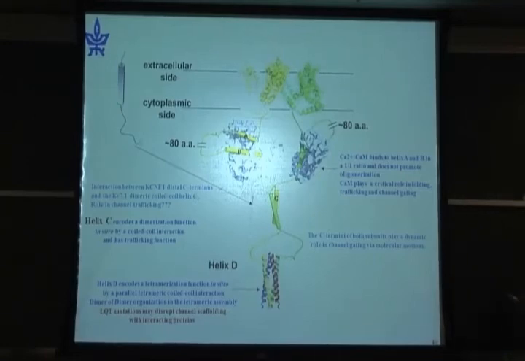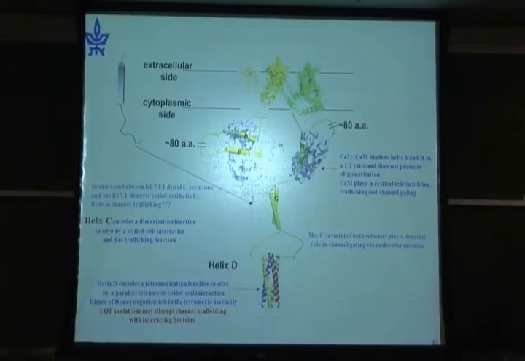We have then this coil-coil helix C, which encodes a dimerization function. This coil-coil helix C is very important for interacting with the tip, the very distal domain of the C-terminus of the beta subunit. We have the helix D, which has a tetramerization function, and this is a very, very important subunit. When you remove helix D, you don't have any kind of current, you don't have any assembly of the channel.